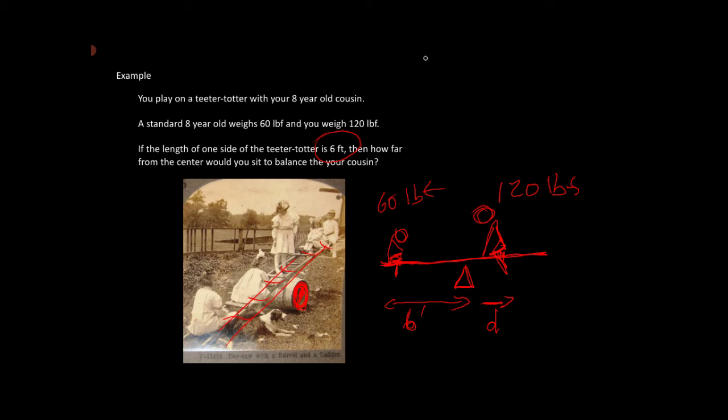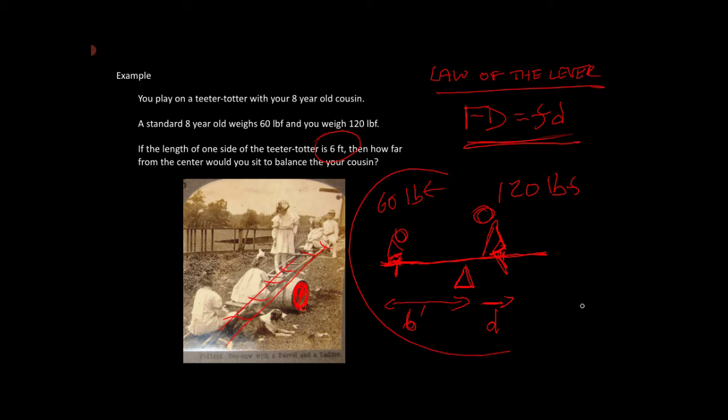So to look at that, we just looked at in the lecture part, the law of the lever. All right, that's FD equals little f little d. Awesome. Okay, so this is what we want to use with this data, right? 60 pounds, 120 pounds, 6 feet.